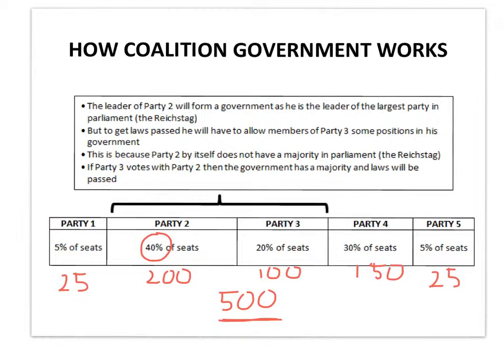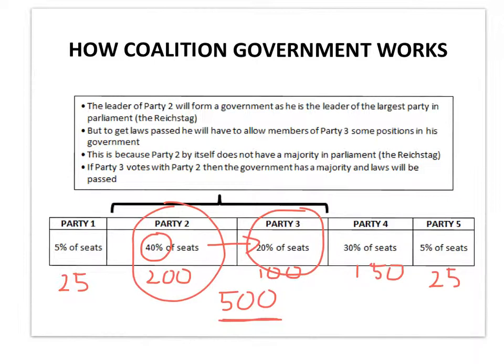So therefore, when the president was appointing a party leader to form a government, he would probably approach Party 2, because Party 2 is the largest party, but the leader of Party 2, to be able to govern, would have to basically team up with the leader of Party 3, because between them, 40 plus 20, you have more than half the seats.